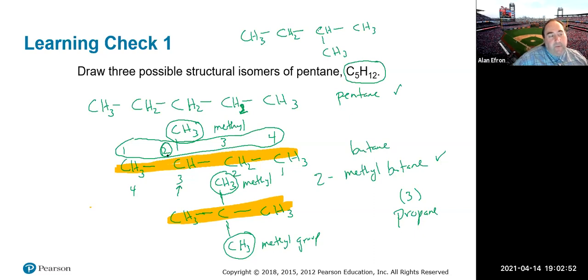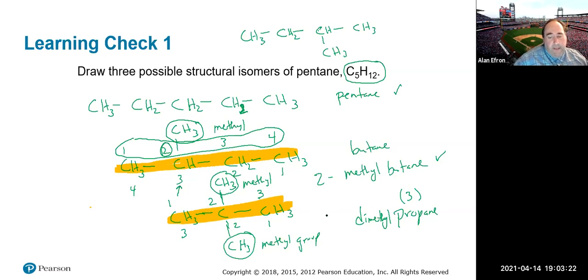When we have 2 of the same groups in a molecule, we use a prefix. Prefix for 2 is di. This would be dimethyl because there's 2 methyl groups attached here. Where is that methyl group located? Carbon 1, carbon 2, carbon 3. If I go the other way, carbon 1, carbon 2, carbon 3. It doesn't matter which way I go. Each of those groups are located at carbon number 2.